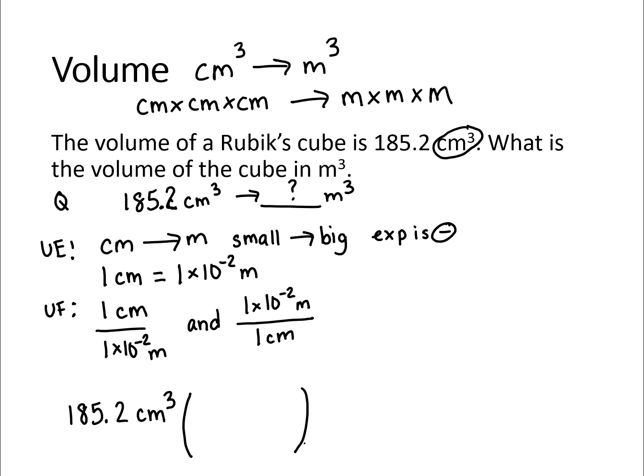But instead of multiplying once, we have to use that same unit factor 3 times, because we have to cancel out centimeters 3 times to get to meters cubed. So remember how I wrote up here, centimeters cubed is centimeters times centimeters times centimeters. We need to cancel out each of those and replace it with meters.